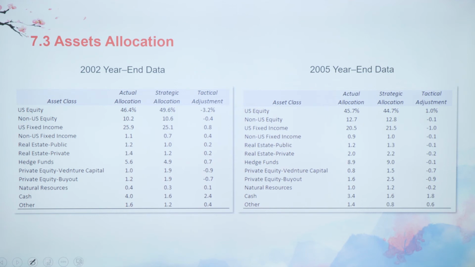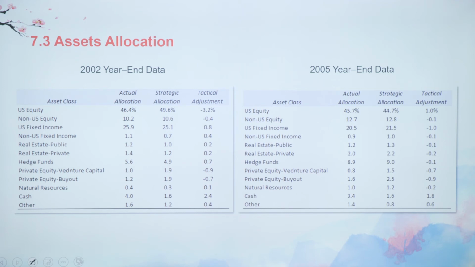And the third column is our strategic asset allocation, which is our policy weight. And the last one is our tactical adjustment. So this is the TAA. For this tactical adjustment, it should equal our actual allocation, which is column 2, minus the strategic asset allocation, column 3. And we can get the tactical allocation.